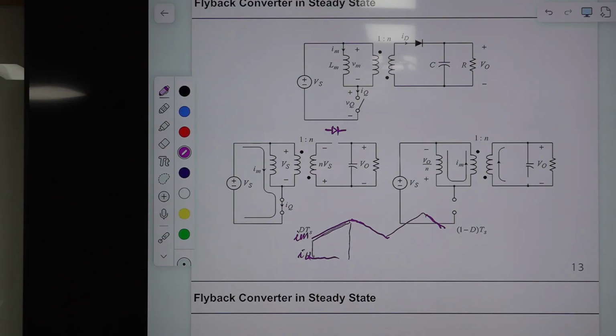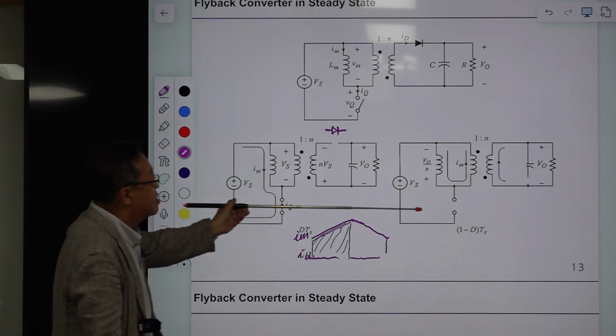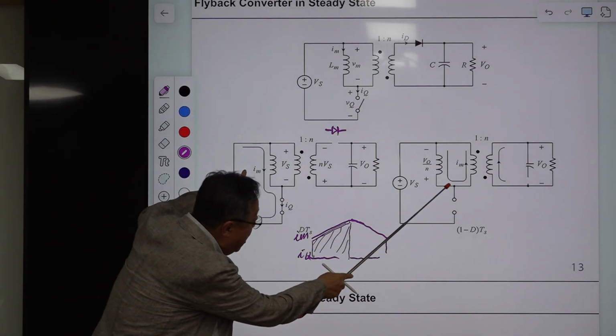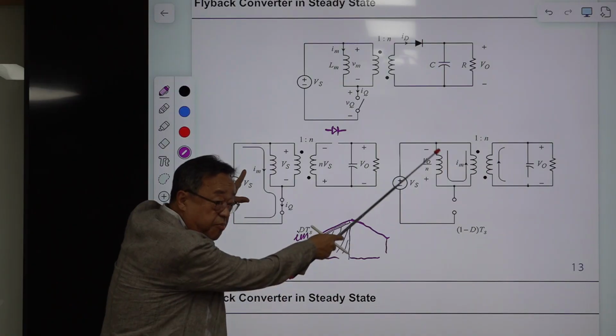Let me draw this here. So this is the on-time current, IM current, and during the off-time, this switch is open, then this magnetizing current creates this freewheeling path.